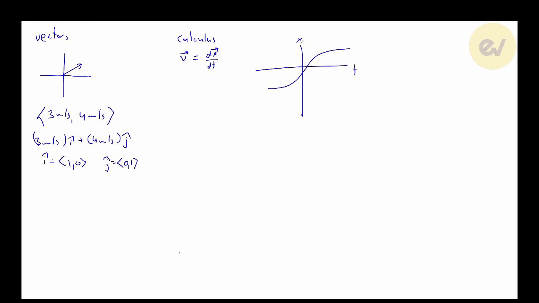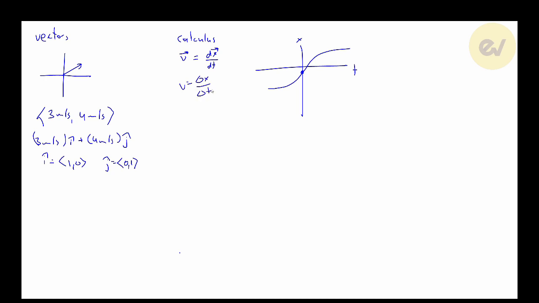So, for example, if you think about a graph of position versus time, we might ask, what is the velocity of this point at t equals 0? Well, you might have learned that velocity is change in position over change in time.